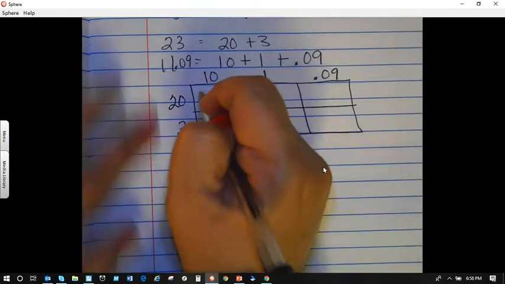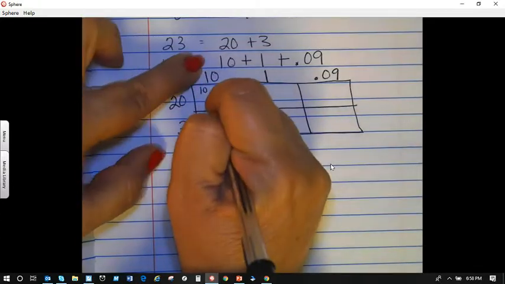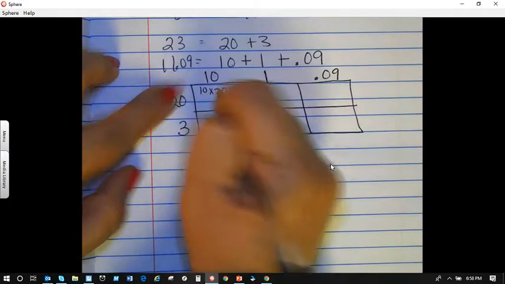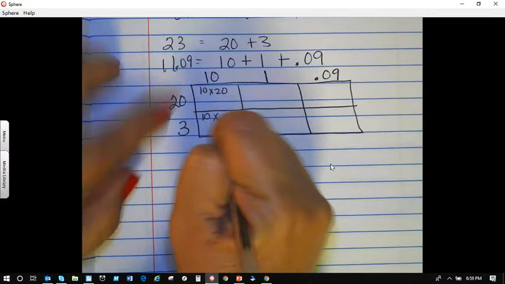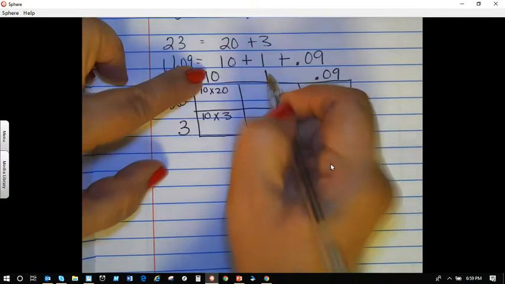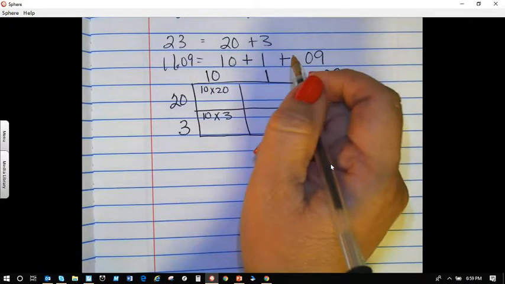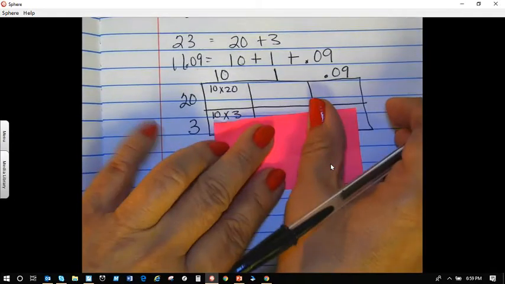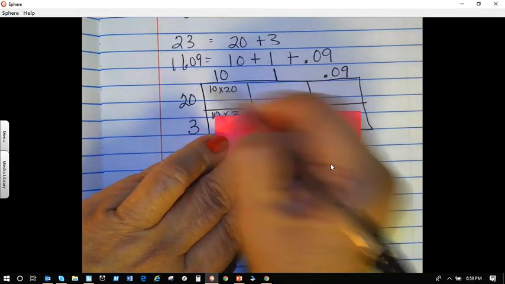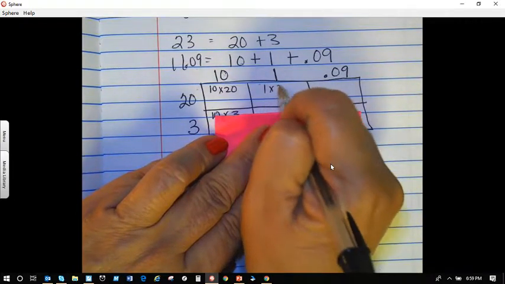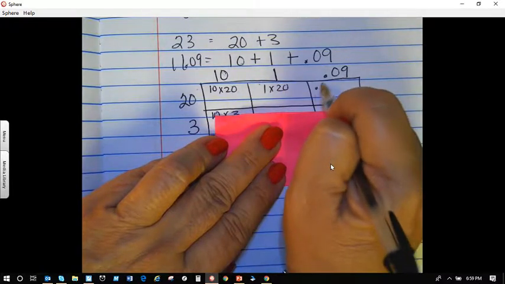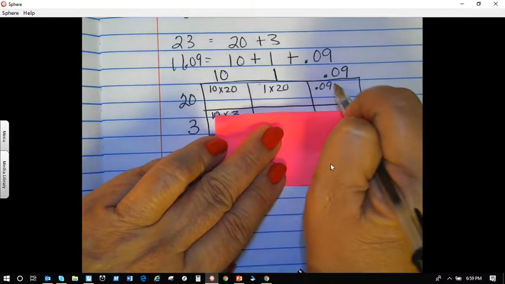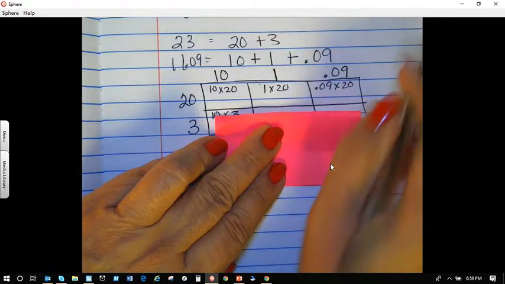So again, I'm going to put 10 times 20, 10 times 3. I'll do all my 20s first. See if that's going to be less confusing for y'all if you want to. So 10 times 20, 1 times 20, 9/100 times 20. Okay, I'm done with that.